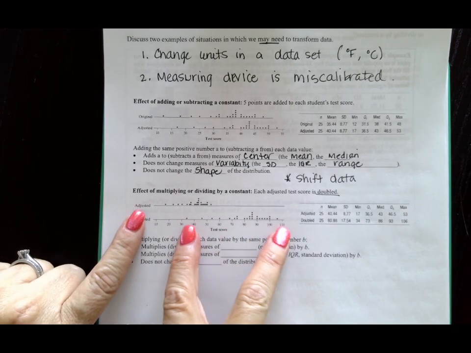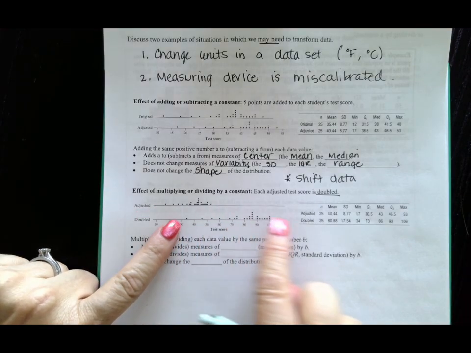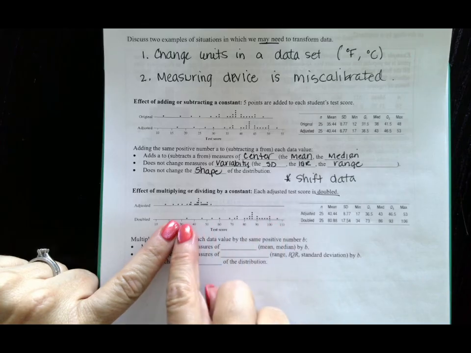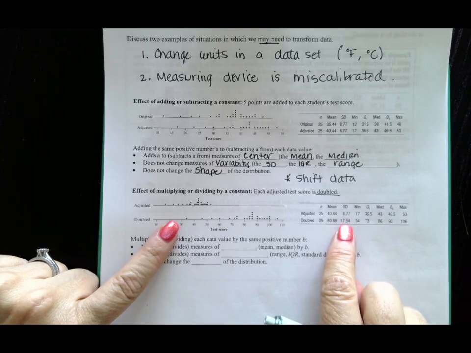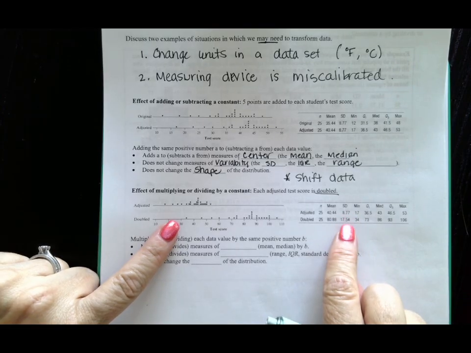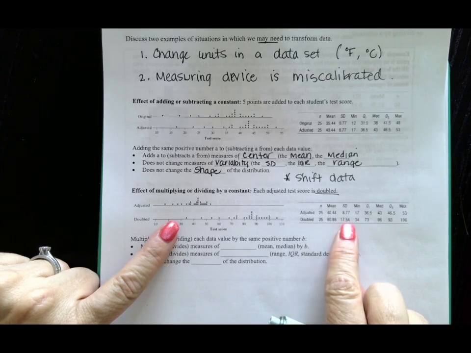My data spreads out significantly. So here, this is pretty tight. After I multiply this out and it doubles, my data looks significantly different. Because it's spread out, that means my standard deviation is going to change. And we see that over here. The standard deviation changes. Okay, so the mean is just doubled, but the standard deviation changes, which means my IQR is going to change.